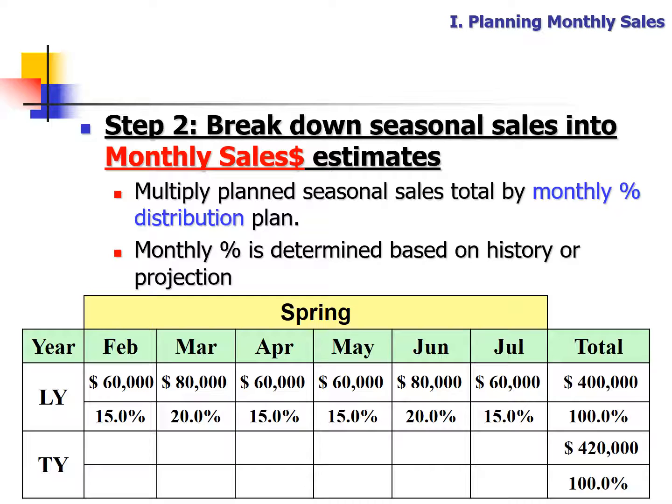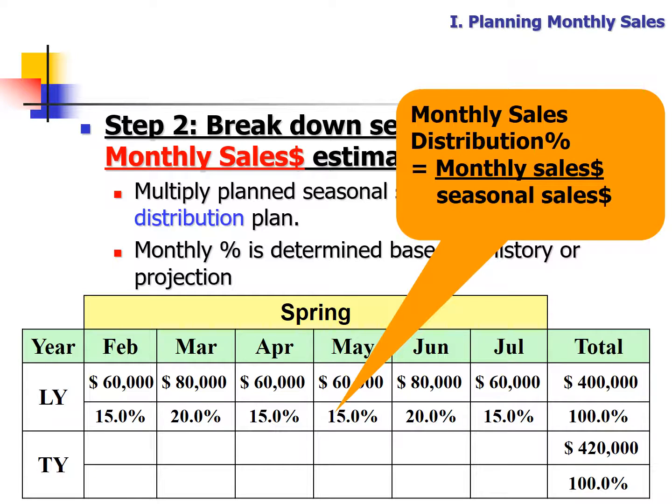From these two numbers, we can calculate the percent distribution for February, which is $60,000 divided by $400,000, which is 15%, right? And we can calculate these kinds of things across all the 6 months. So now we know that 15% of the total sales occurred in February, and 20% of the total seasonal sales occurred in March, and 15% again in April, etc. Okay?